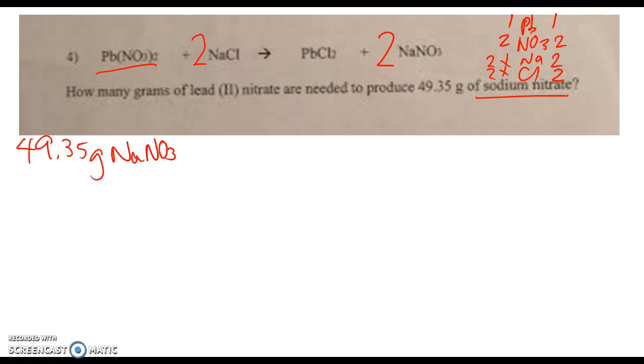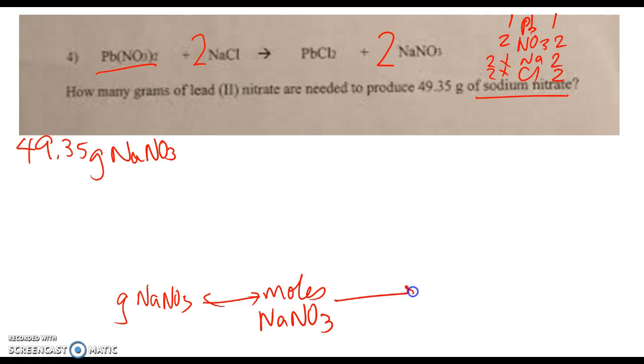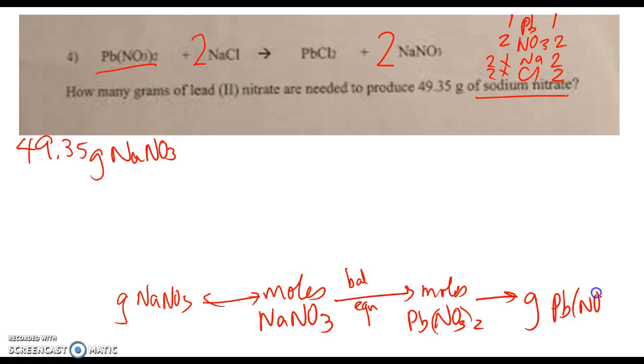Alright, again, we always have to go through moles. So in this case, I have to go from grams of NaNO3 to moles of NaNO3 using molar mass to moles of lead nitrate, and this is using the coefficients of the balanced equation, right, to grams of lead nitrate using molar mass.